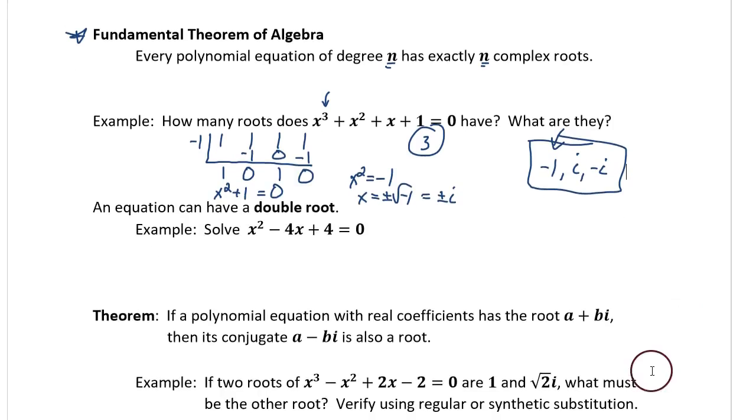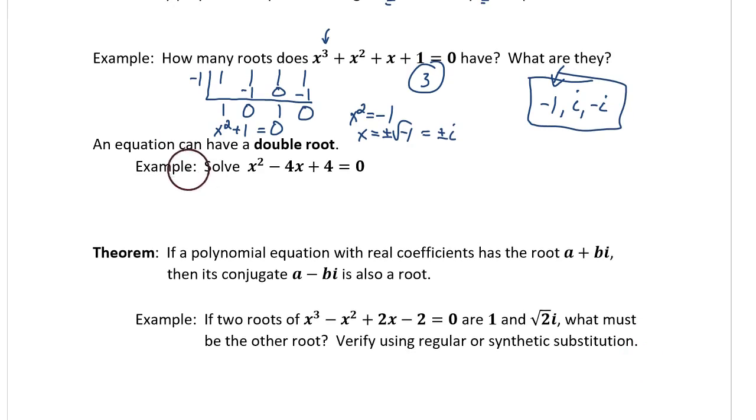An equation can have a double root. What that means is that the same number can be a root twice. Let's solve this equation, not by synthetic division, but just by traditional methods. For instance, maybe we might factor it as x minus 2 squared equals 0. Then solve, and we see that x is equal to 2.